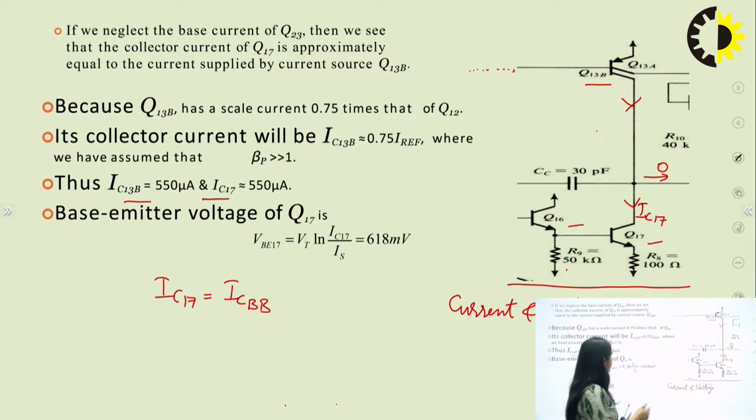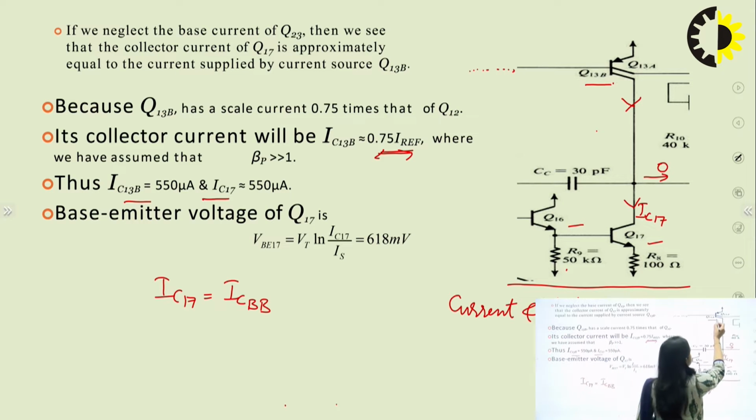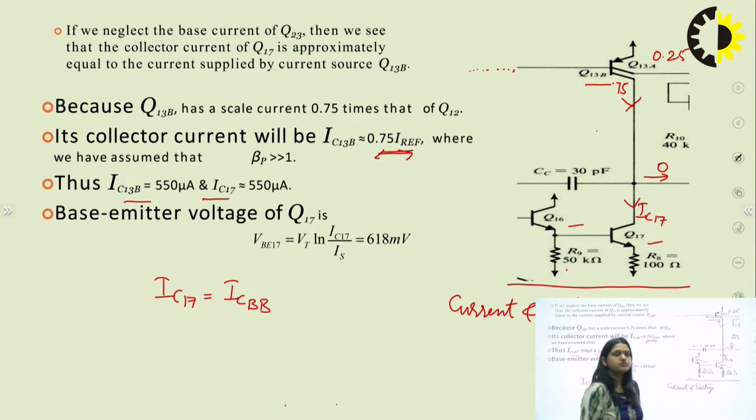The value of I reference we will use from the previous analysis, and we can easily calculate IC13B just by multiplying I reference by 0.75, because in Q13B the scaling factor is 0.75 and in Q13A it is 0.25.